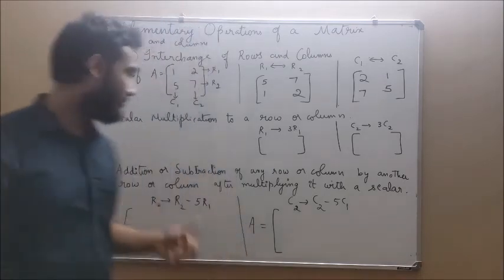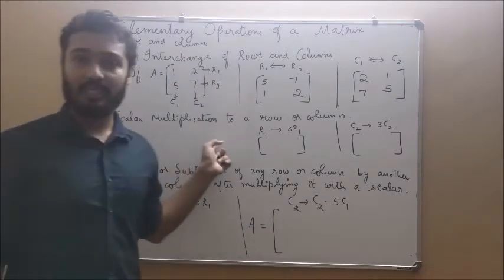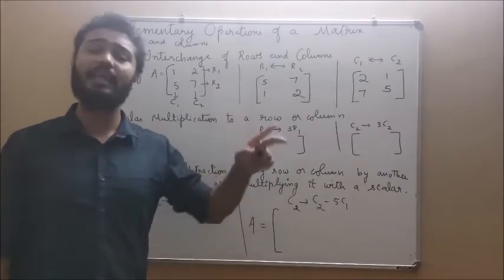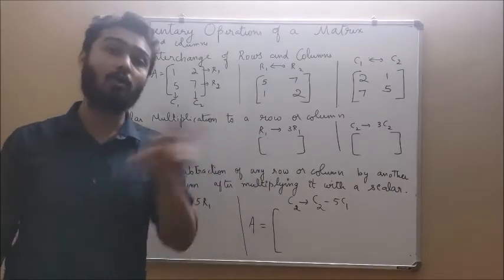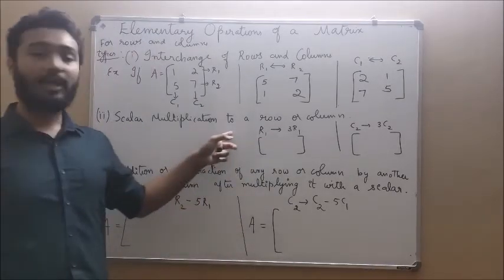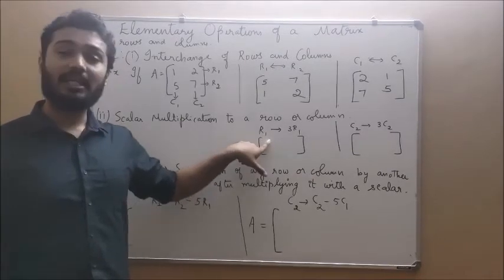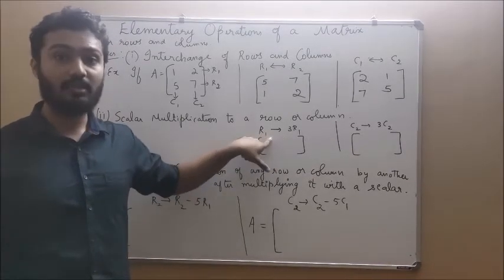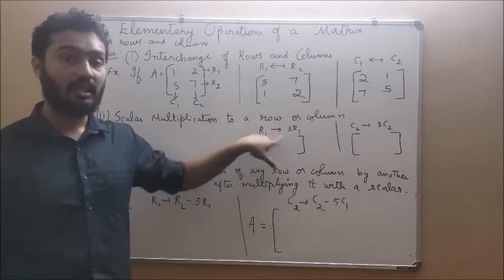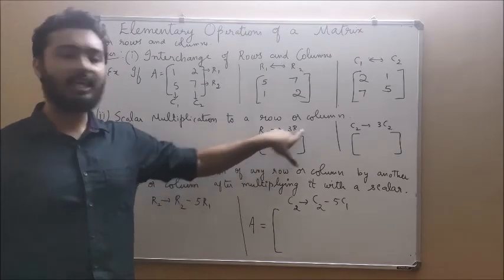The next operation is scalar multiplication to any particular row or column. For example, I am multiplying R1. R1 changes to 3R1. What is the meaning of this?